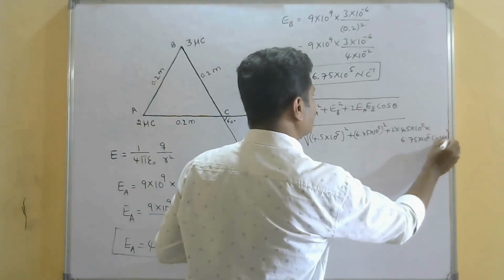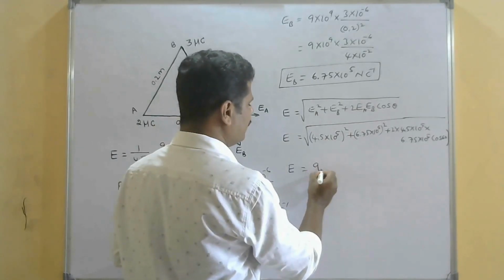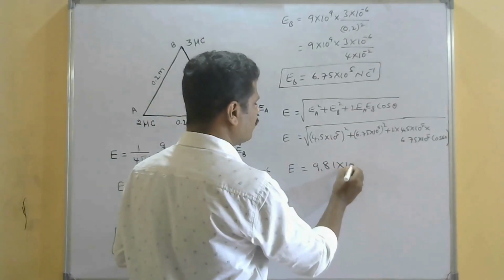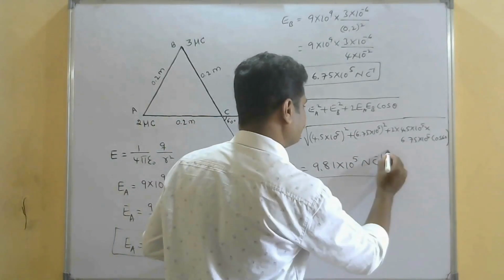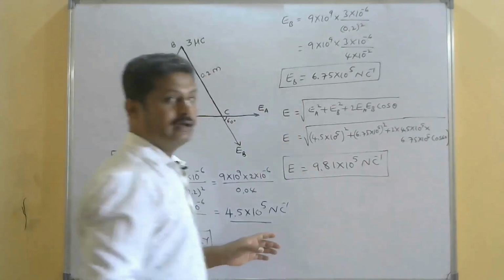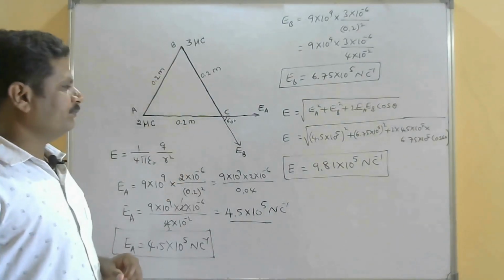So on simplifying this we get 9.81 into 10 to the power of 5 Newton per coulomb. This is the magnitude of the resultant electric field which is acting at the point C.